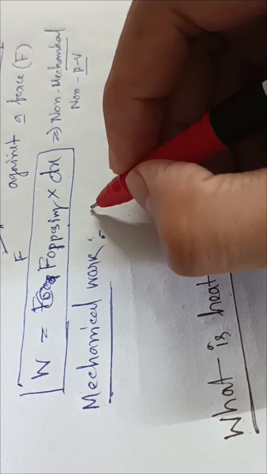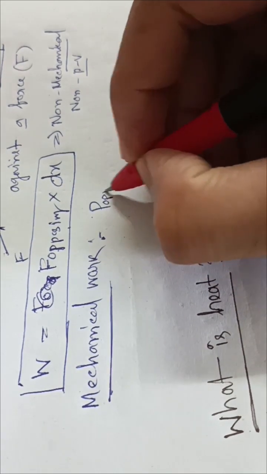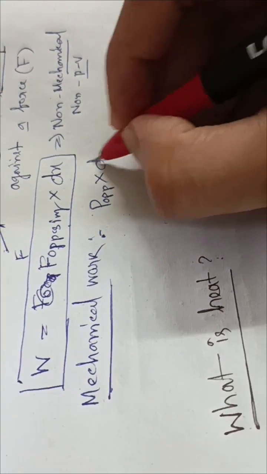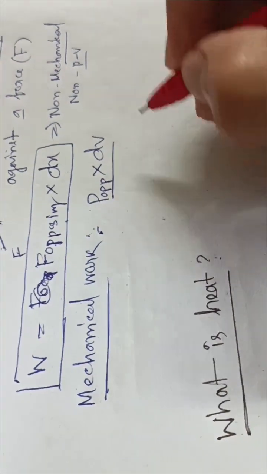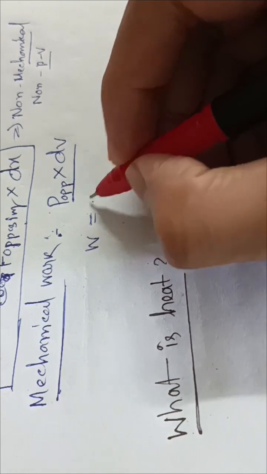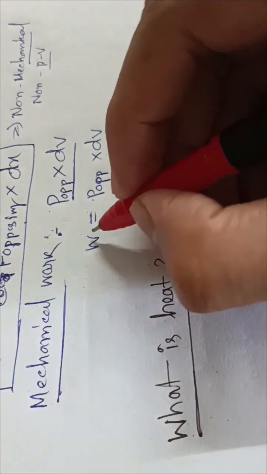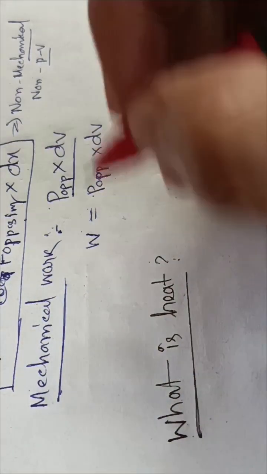If we apply some pressure, P opposing, then in the system there is some volume change, dV. Then this work done is called pressure volume work, W equal to P opposing into dV. It is called the mechanical work.